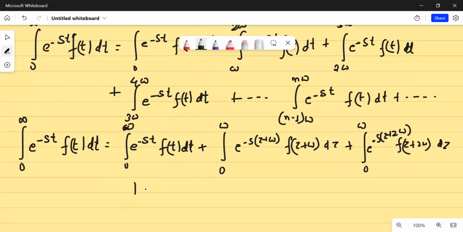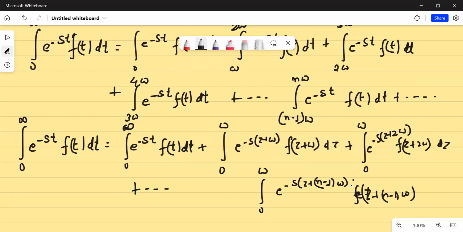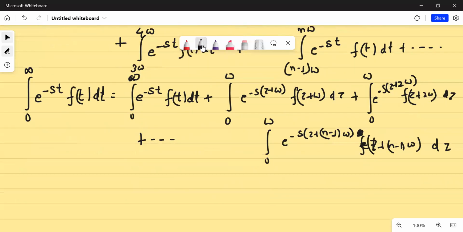And you keep doing all these things, and at the end, here I will get again 0 to ω, and I'm here writing e की power minus s(z + (n−1)ω), and then this is f(t + (n−1)ω), dz. Is that clear?